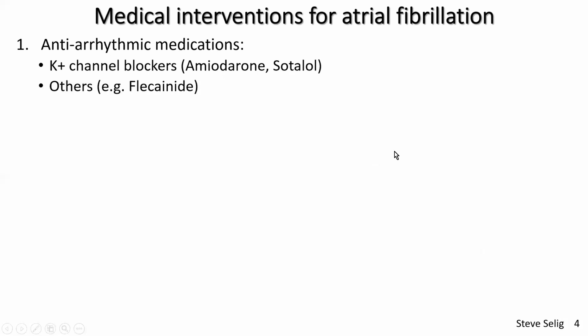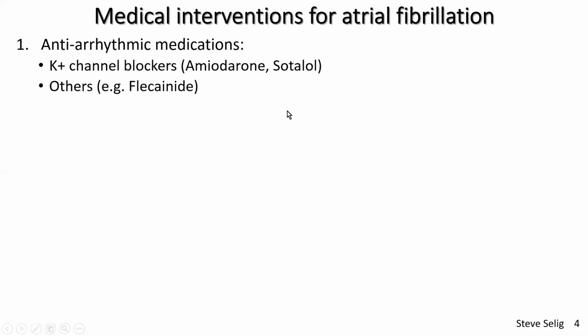Now, another class of drugs, flecainide, which I'm not going to talk about much because I don't come across it very often in my practice. It has real problems for people with heart failure or other heart problems. This would be very tightly controlled in its prescription.